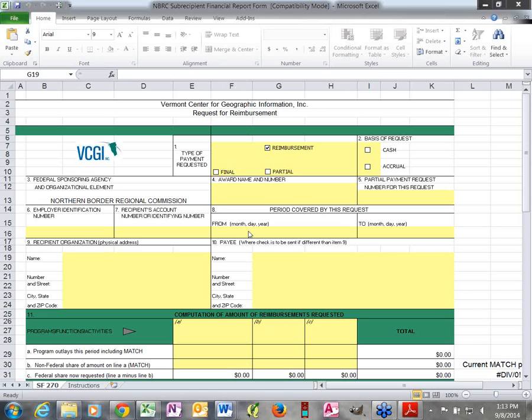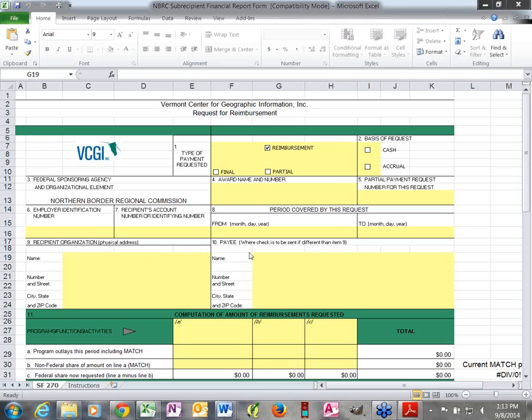I just want to make sure that everybody realizes that starting date on that contract, we're not going to pay for anything that happens before that. But we can set that date to whatever we want as long as we all agree on it. So if we need to push the date back, we just need to do an amendment to the contract. But this right here just refers to the period covered by this particular request, beginning and end.